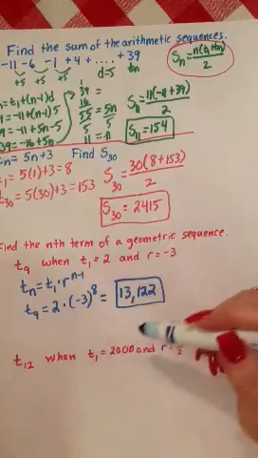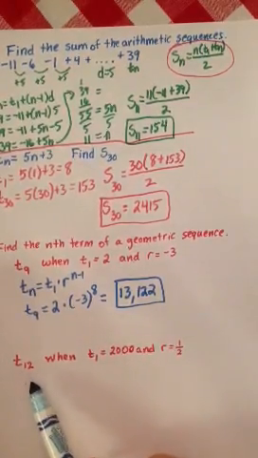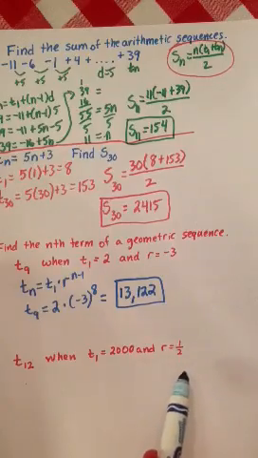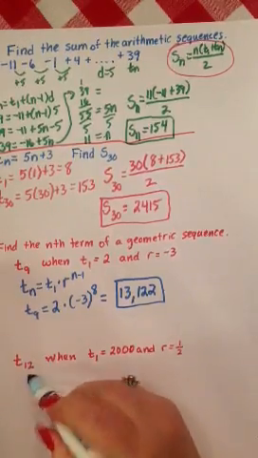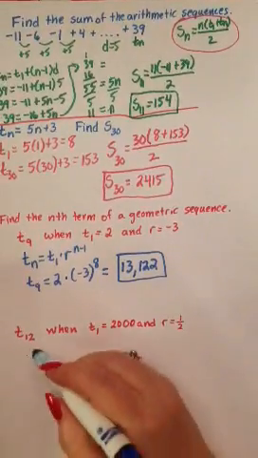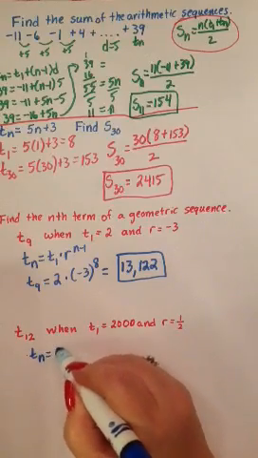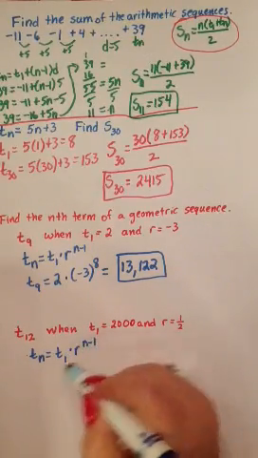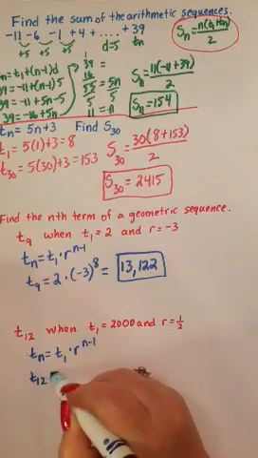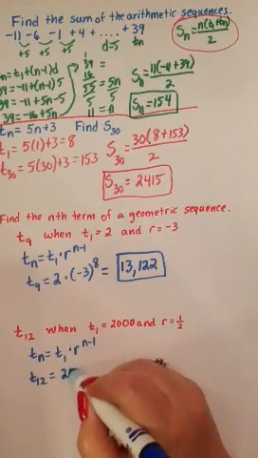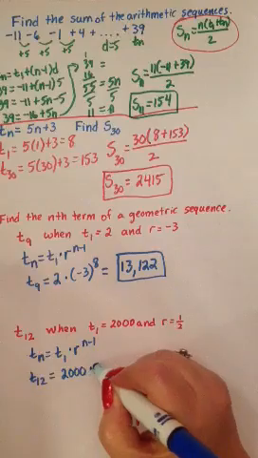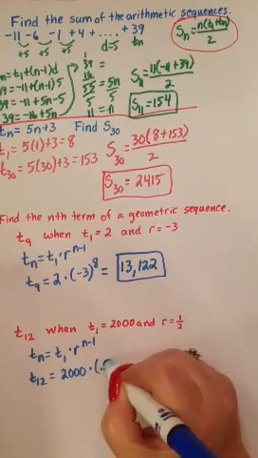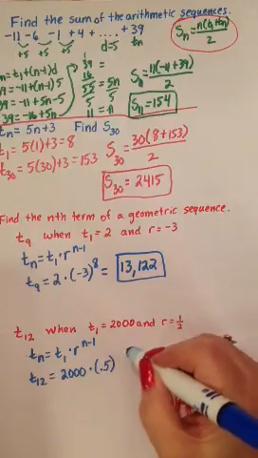All right, let's look at this one here. It says find the 12th term when the first term is 2,000 and r is equal to 1/2. So once again, the formula says that t sub n is equal to t sub 1 times r to the n minus 1. So the 12th term will be equal to the first term, which is 2,000, times 1/2, or I'm just going to go ahead and say 0.5, to the n minus 1.